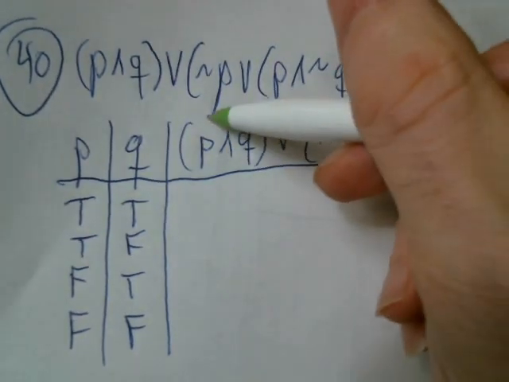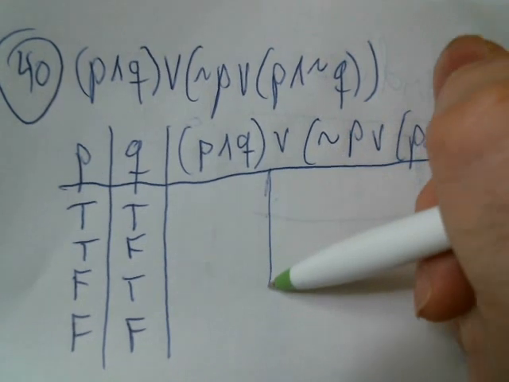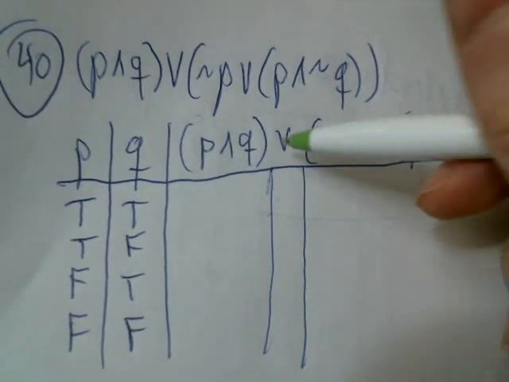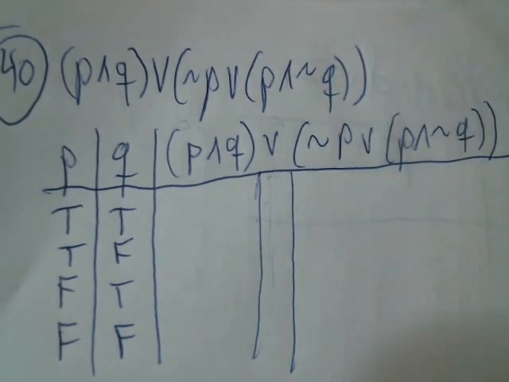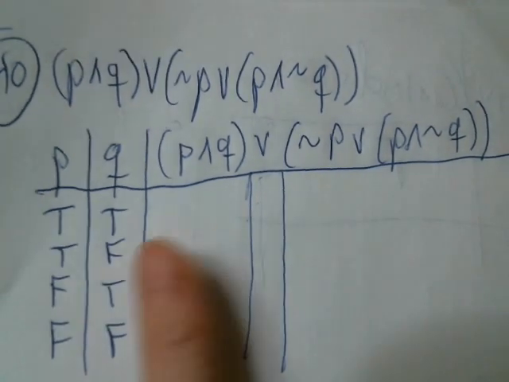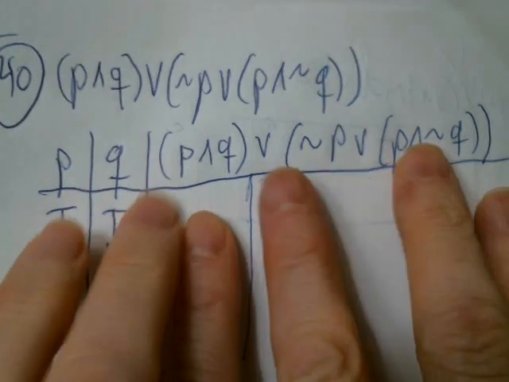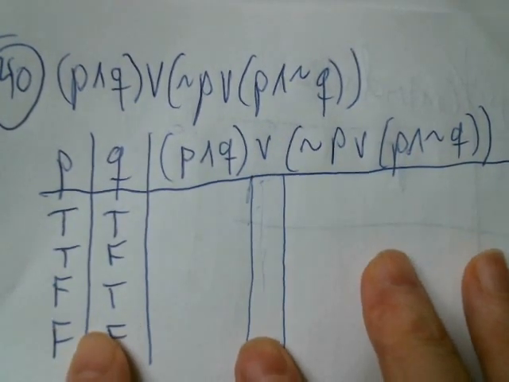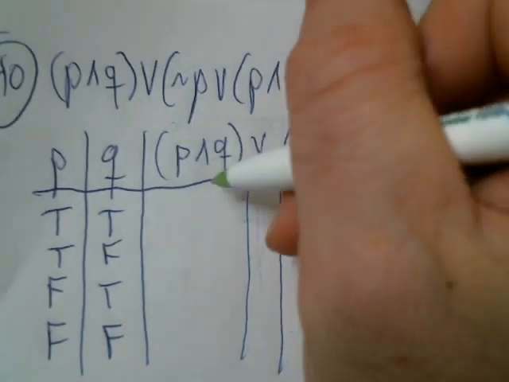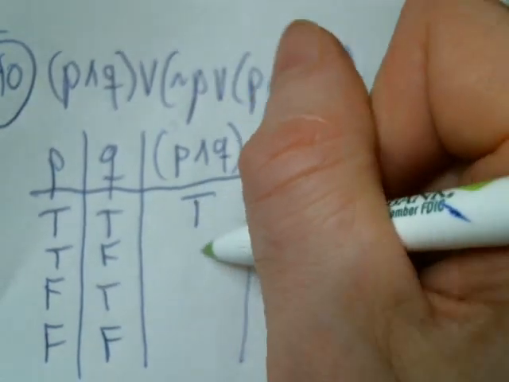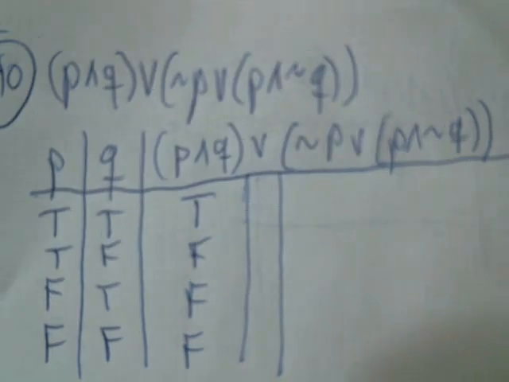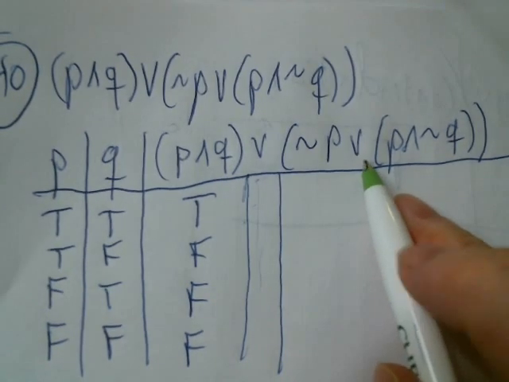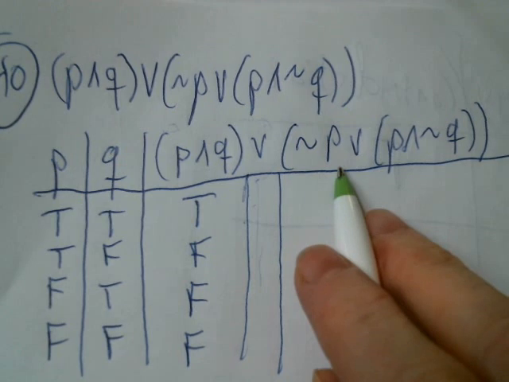Over here, I'm working on these two sides separately. The truth value of the entire expression is going to be right under this 4. Order of operations: I have to do these separately and then compare their truth values. Let's do this side first. P and Q is true only when they're both true. Over here, you have to do negations first and also parentheses.